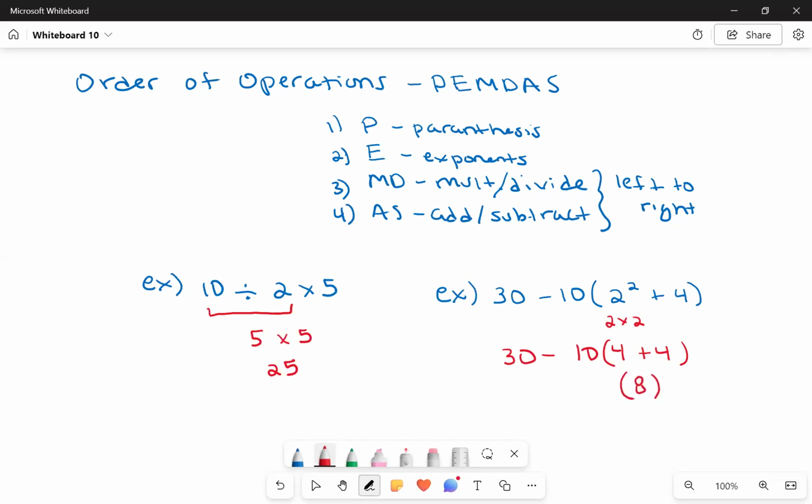In the book, they might even have the times symbol between them. Sorry that I did not include that. But the parentheses does mean multiplication. And therefore, I multiply 10 times 8, which is 80.